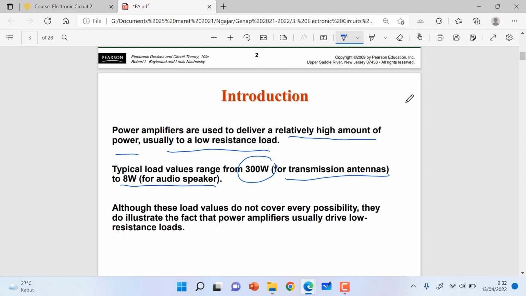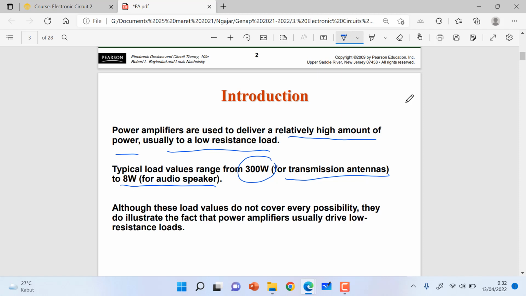Although these load values don't cover every possibility, they do illustrate the fact that power amplifiers usually drive a low resistance load.